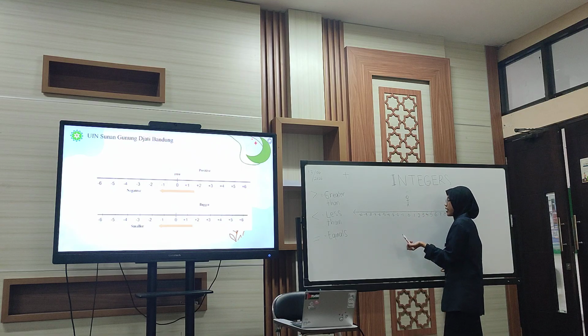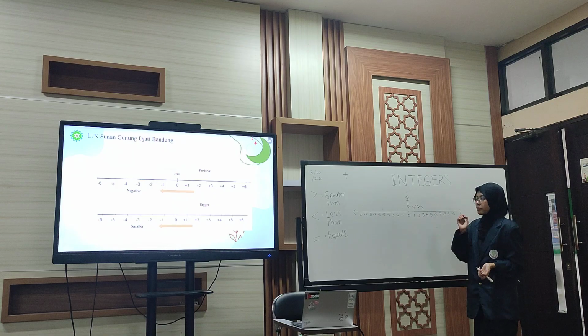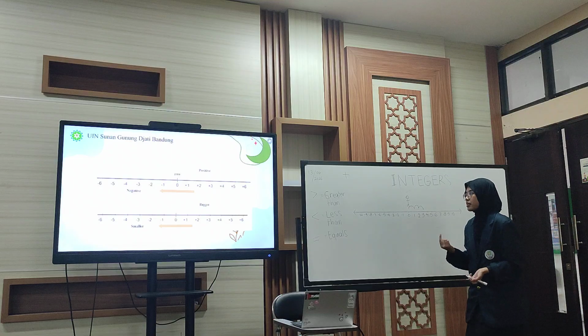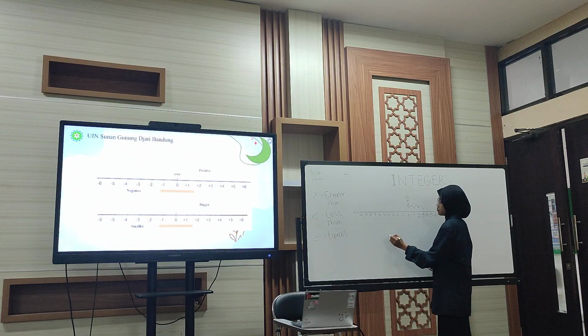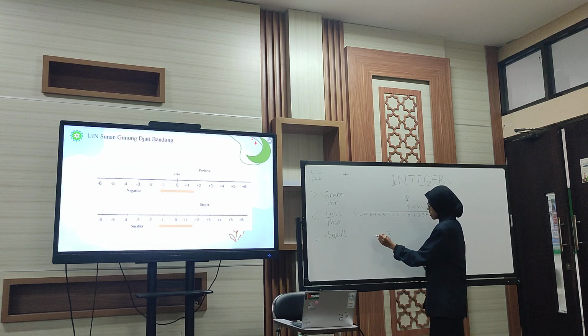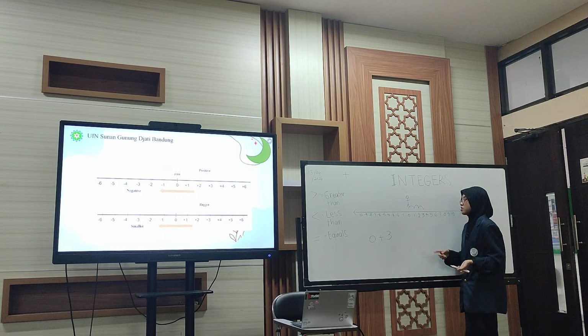Starting from the 0, I take 3 steps to the right: 1, 2, 3. And now I'm stopping. I can just write it down as 3. Because I'm starting from 0, going to the right is positive, and 3 steps.